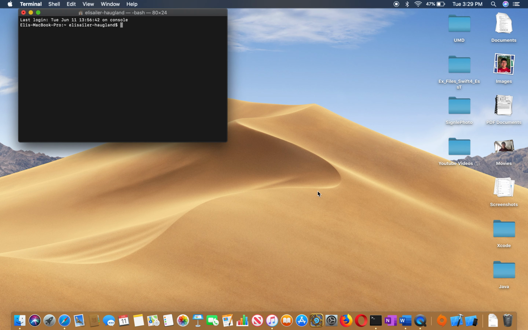So to do this, open up the terminal app and go into CS_1. Let's create a new file called math.cpp.